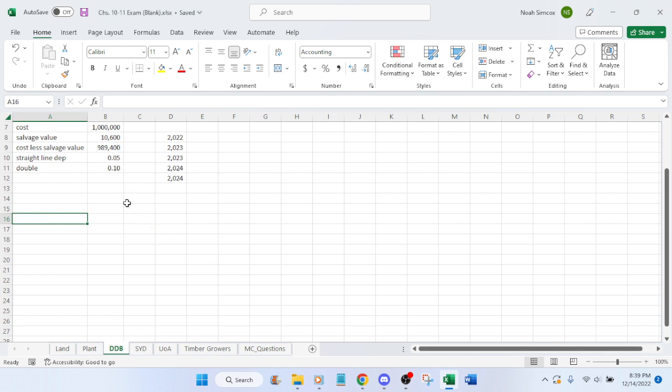Boom. So the depreciation rate per year is going to be 10%.